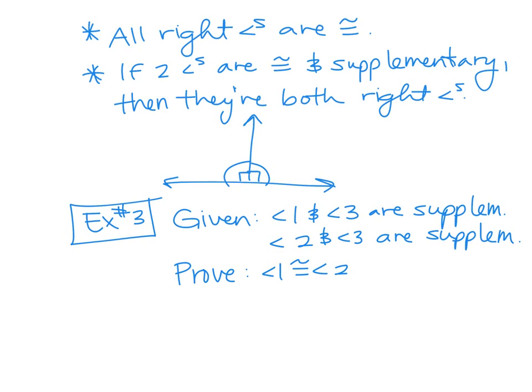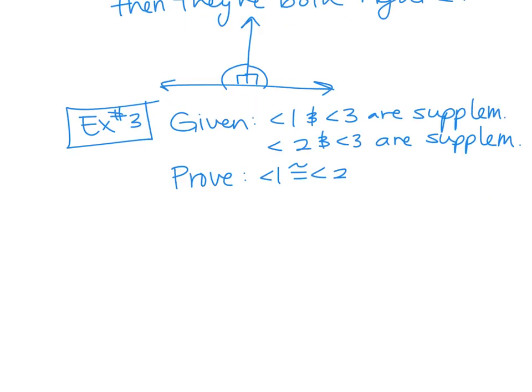So since we're doing a proof of the congruent supplements theorem, you may not use the congruent supplements theorem as a part of your proof, because we're trying to prove right now why it's true. Once we've proved it, then you may use it in theorems. But right now we're just trying to prove why this is true.